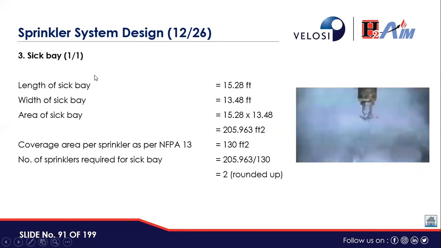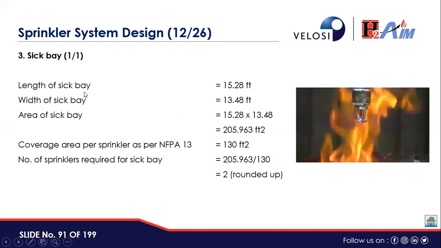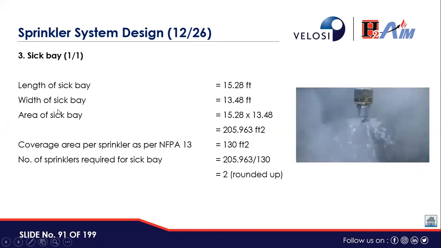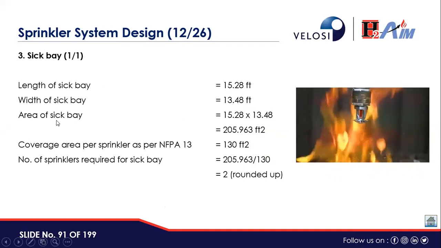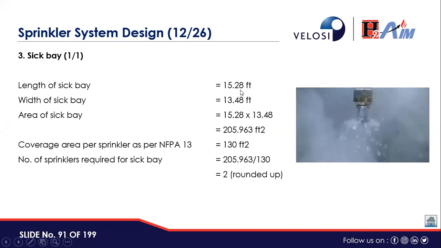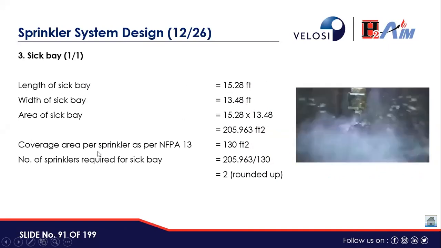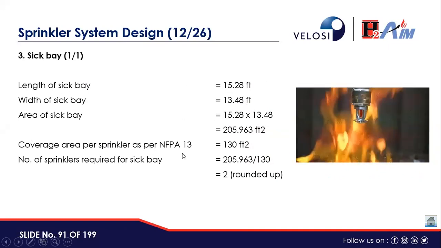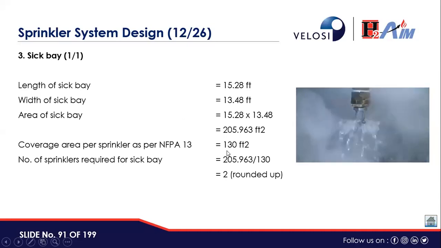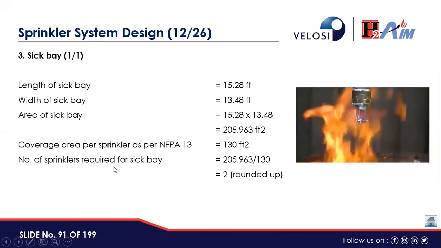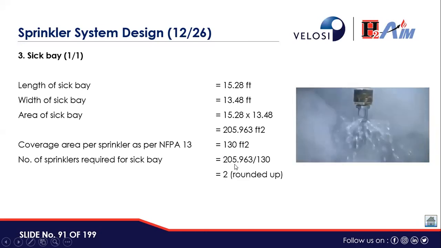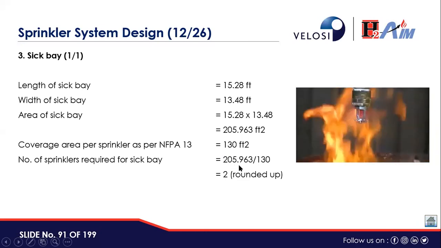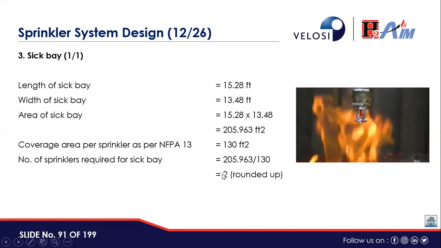Now the sick bay, the length was 15.28 feet, the width was 13.48 foot. The area, we are dividing length into width, and then coverage area per sprinkler as per the NFPA 13 is 130 feet square. So the number of sprinklers required for sick bay is area divided by the coverage area, 2.